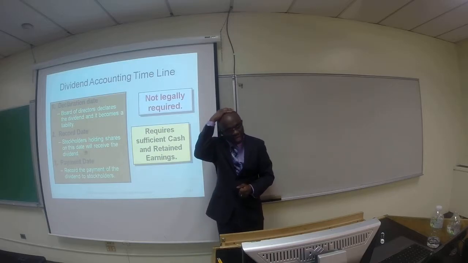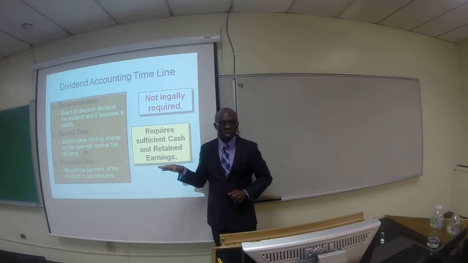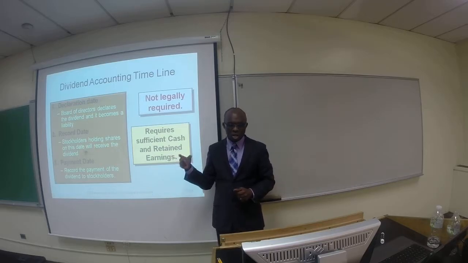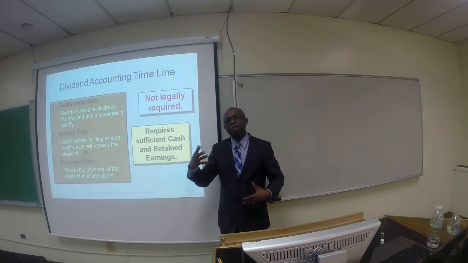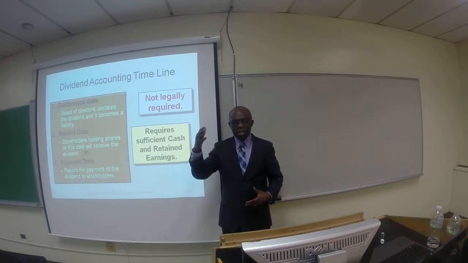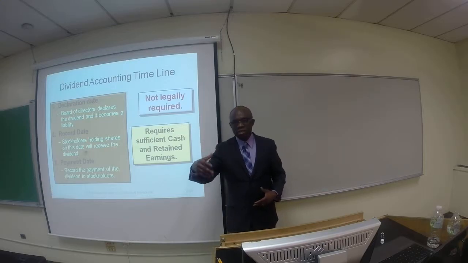Let's take a look at some important issues relative to dividends. Number one, 3 important dates. The declaration date is the day the board of directors officially announces publicly that they are going to make a dividend payment.